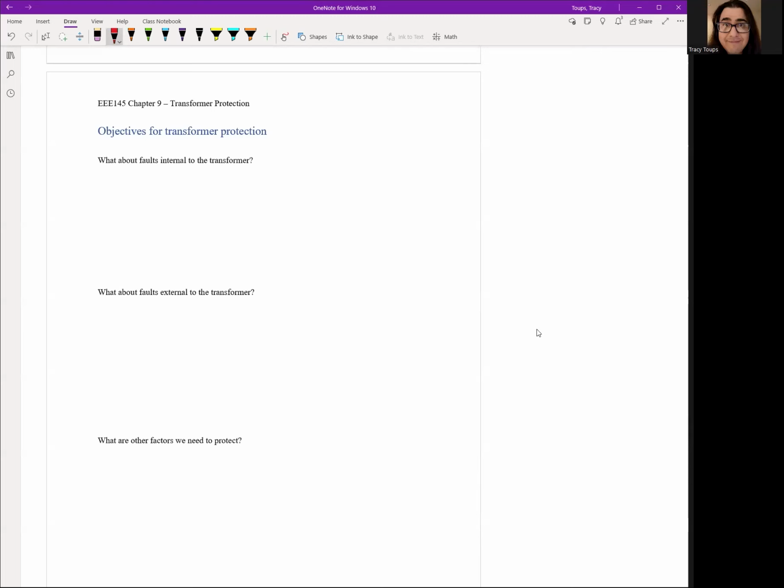If a transformer fails and we have a fault internal to the transformer, we need to disconnect it immediately. So disconnect the transformer from the system. That's the #1 goal. Otherwise, the transformer is going to feed a fault, and you'll eventually black out the whole system if you leave it on too long.